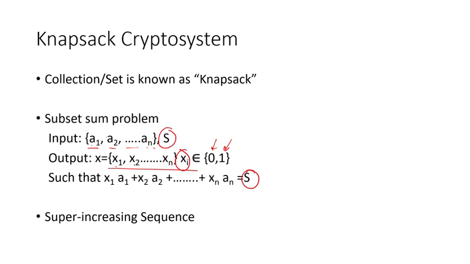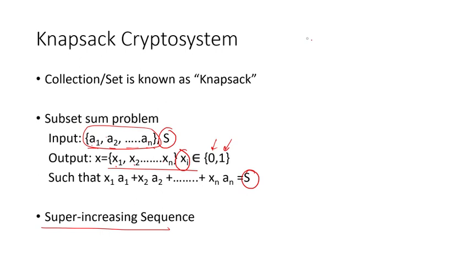An easy solution for this subset sum problem is to arrange the numbers or the set in a super increasing sequence. What is a super increasing sequence? Super increasing sequence means a1 should be less than a2, a2 should be less than a3, and so on till all the numbers are generated.